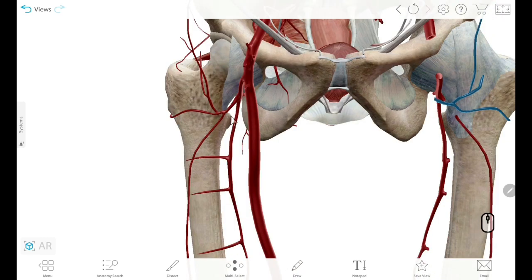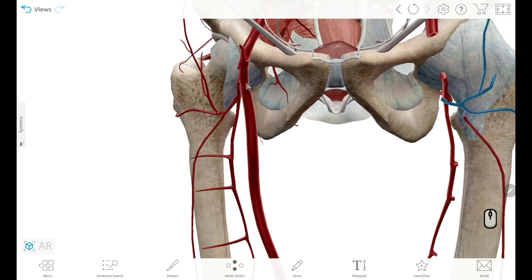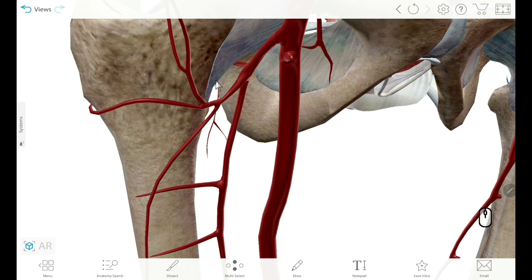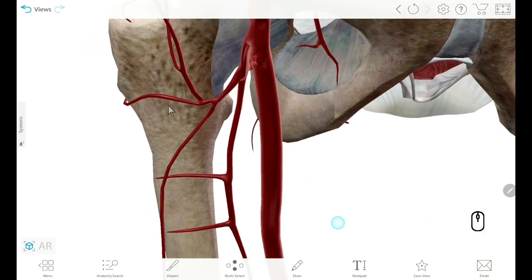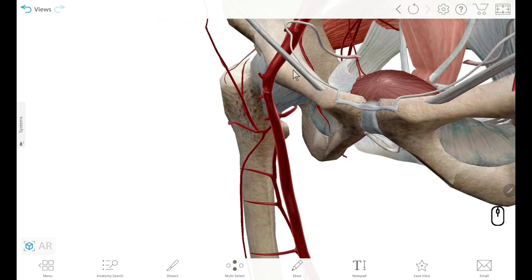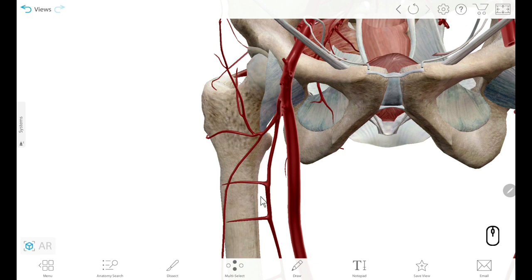Now let's discuss the cruciate anastomosis, which is formed over the lesser trochanter of the femur. The cruciate anastomosis is formed by the transverse branch of the lateral circumflex femoral artery, the transverse branch of the medial circumflex femoral artery, and the ascending branch of the first perforating artery.